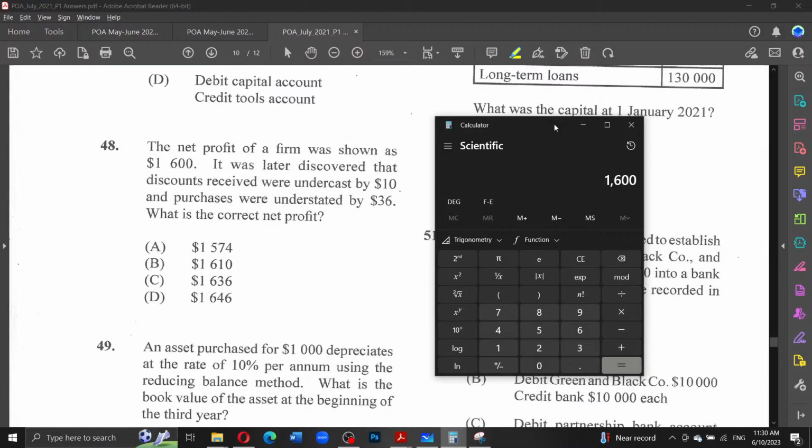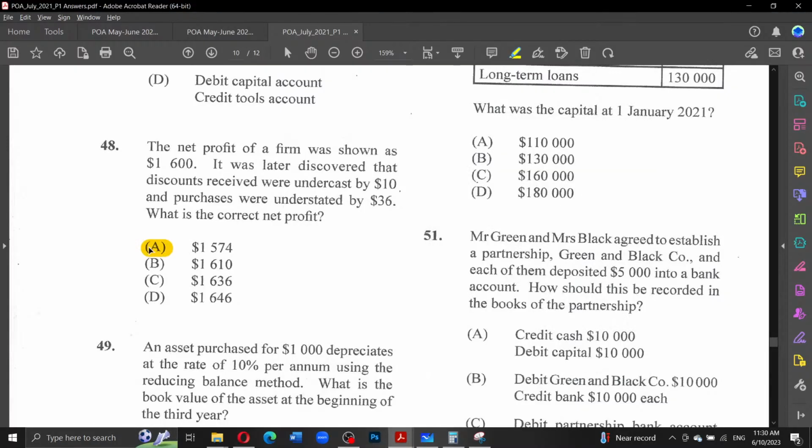The discount received is an income, so your profit is supposed to be higher by $10. But let's see what else. And purchases were undercast by $36. Purchases you can treat as an expense, so profit is going to be decreased by $36. And this is going to be $1,574.